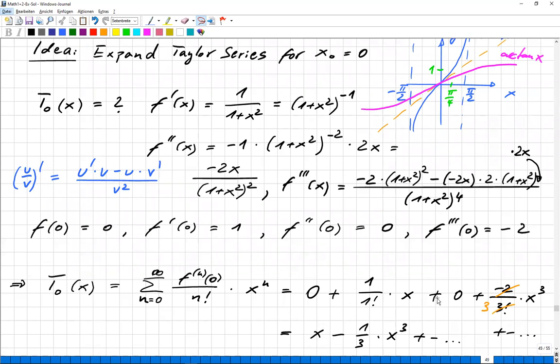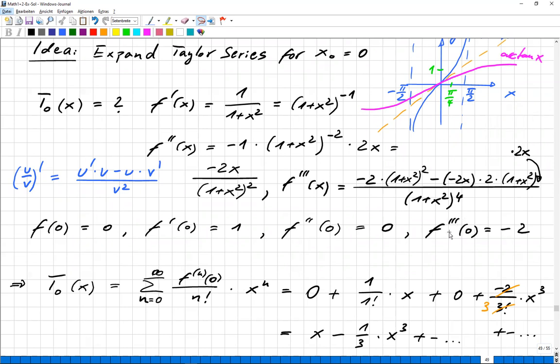But then the squared term, you see, plus 0 means every second contribution gets 0. So it also gets clear right now that all the elements which remain are odd elements. All the even elements disappear. That's quite easy.